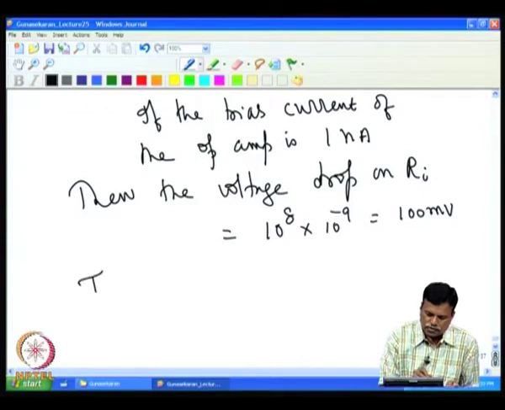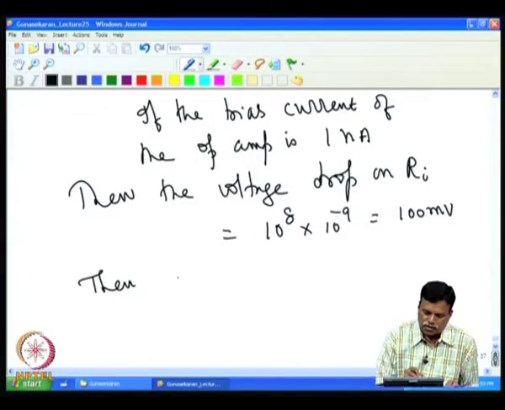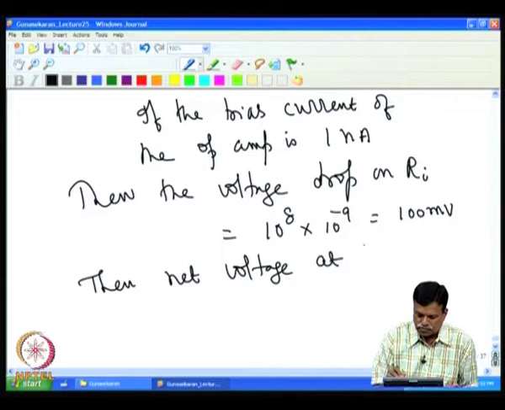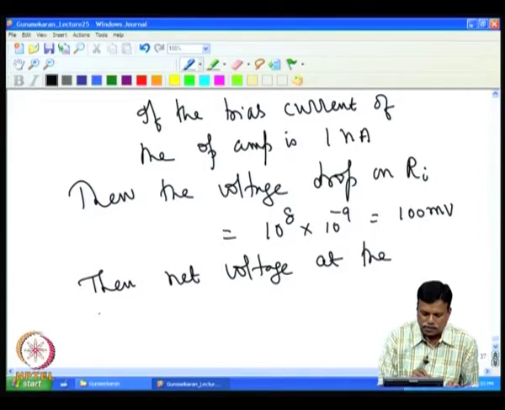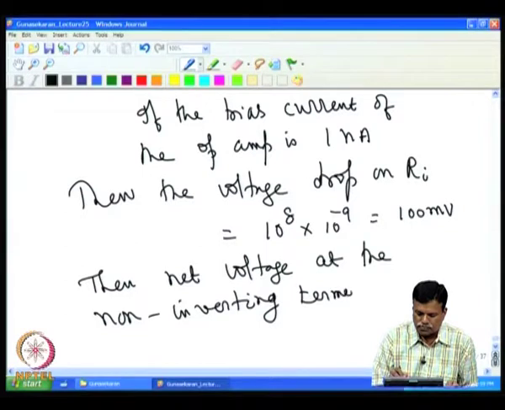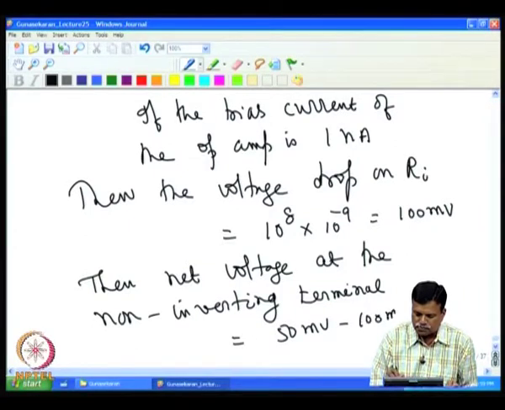Then the net voltage at the non-inverting input would be equal to 50 millivolt minus 100 millivolt, that is equal to minus 50 millivolt.